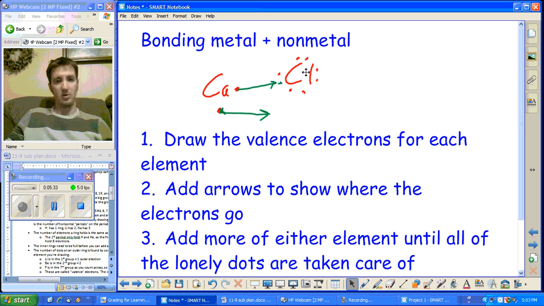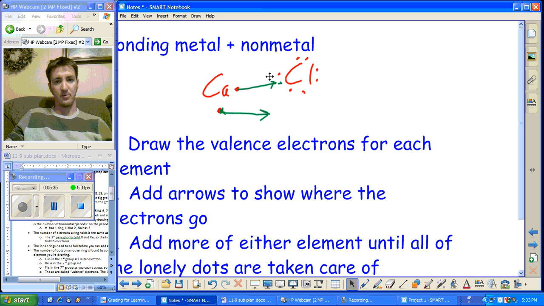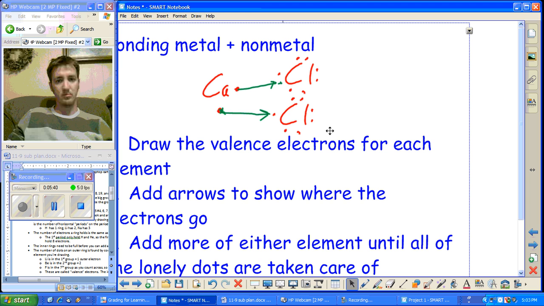So with the infinite powers of Smartboard, I can add another chlorine. So now that chlorine has 7 plus calcium's to give it 8. In this case, you have 2 valence on calcium, 7 on chlorine, 7 on chlorine, so altogether that is 16. So like I said, it's a multiple of 8.